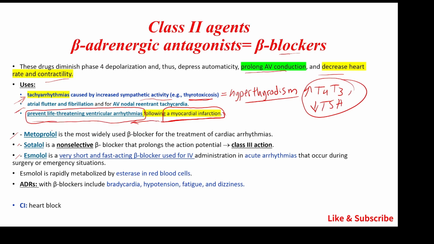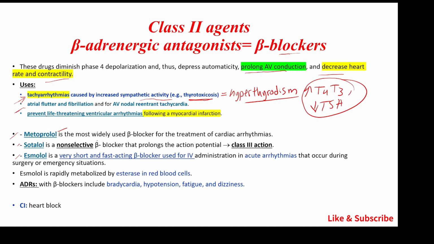Metoprolol, you remember that metoprolol is considered a beta 1 blocker, used for cardiac arrhythmias. For these three cases here: tachyarrhythmia, atrial flutter and fibrillation, and preventing life-threatening ventricular arrhythmia following myocardial infarction.